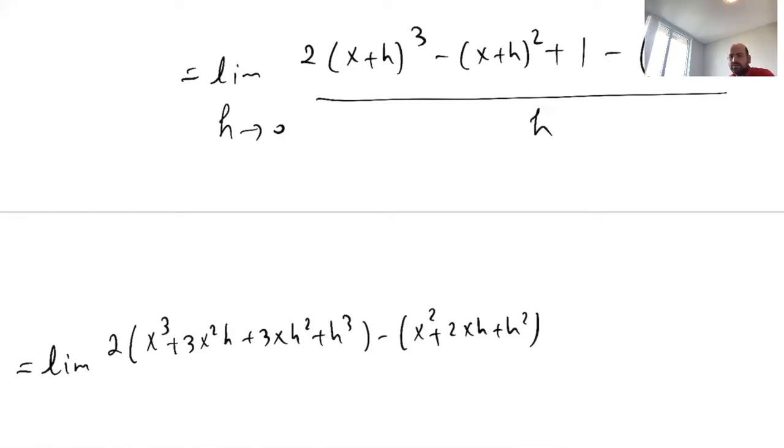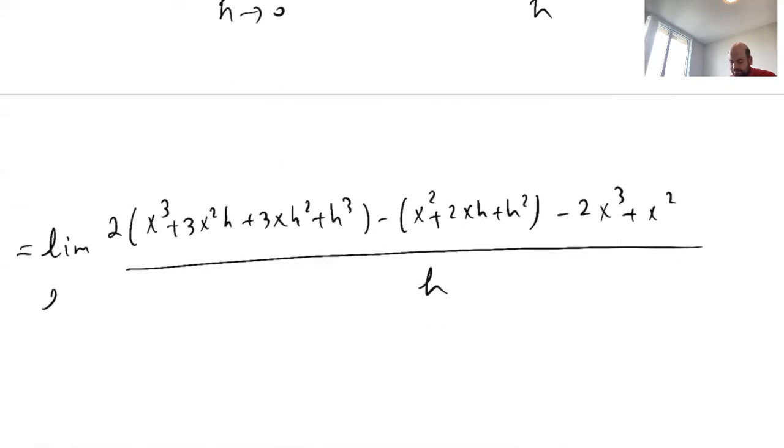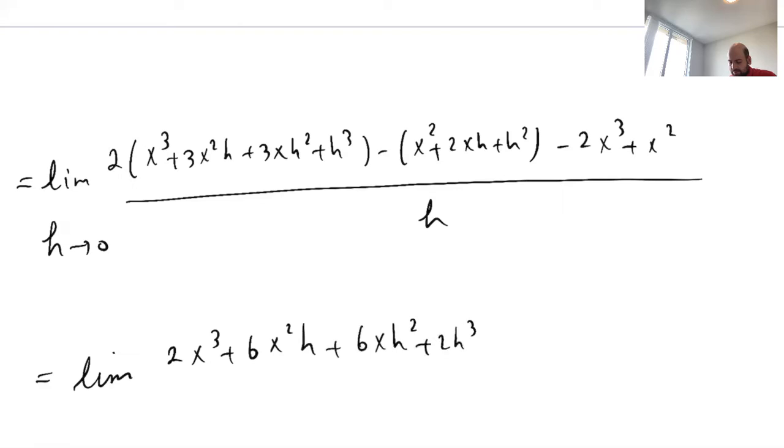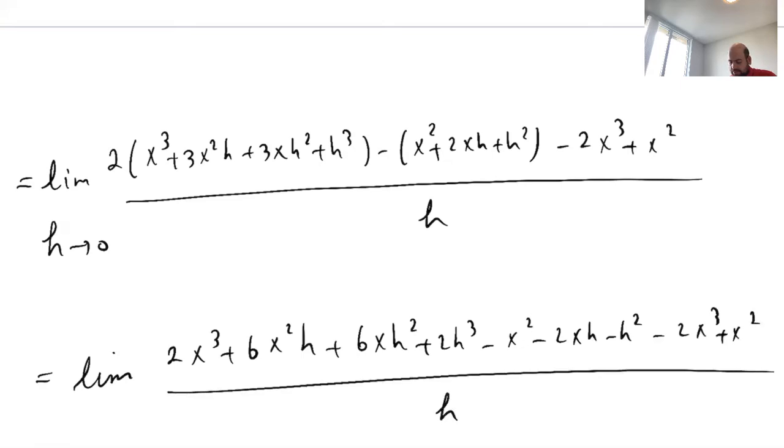There's 1 here, there's minus 1 here, they cancel. Minus 2x cubed plus x squared, divided by h as h approaches 0. And then this is the limit of 2x cubed plus 6x squared h plus 6x h squared plus 2h cubed minus x squared minus 2xh minus h squared minus 2x cubed plus x squared, divided by h.